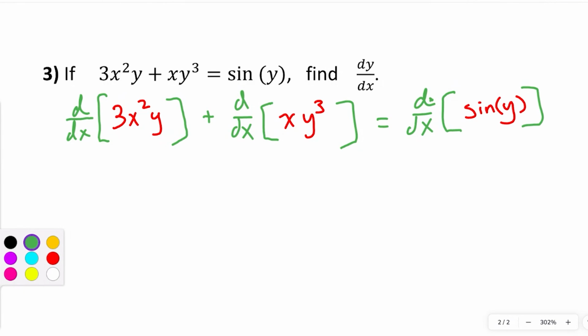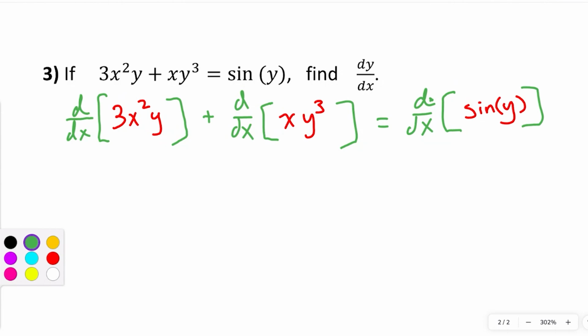What you have to keep track of here is that we're differentiating with respect to x. So anytime you see y as part of this derivative, we're going to treat it like a function and differentiate it like we've done with functions this whole year. When we see 3x squared times y, think of this as 3x squared times f of x.